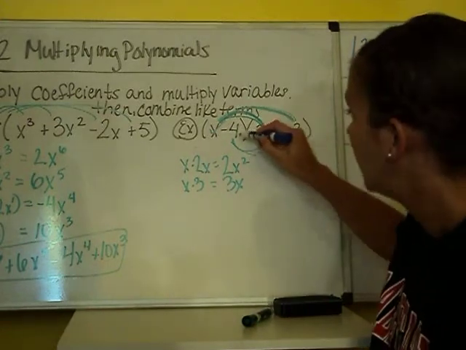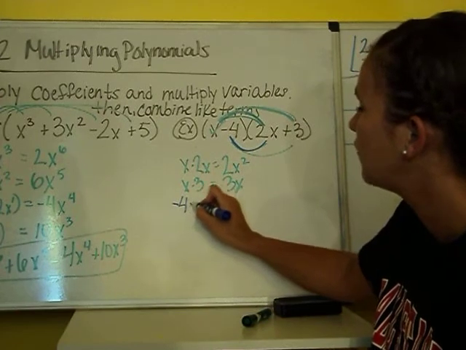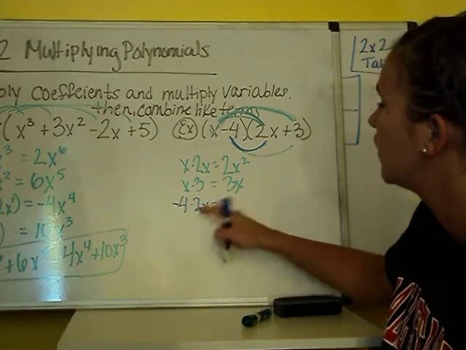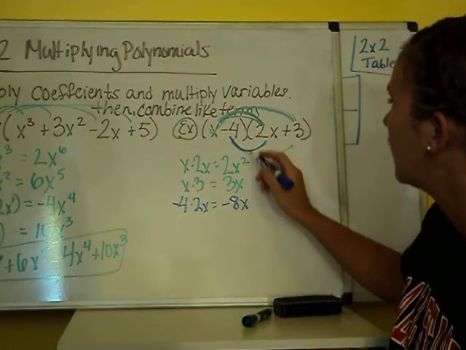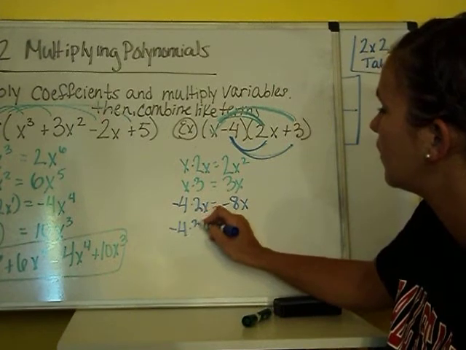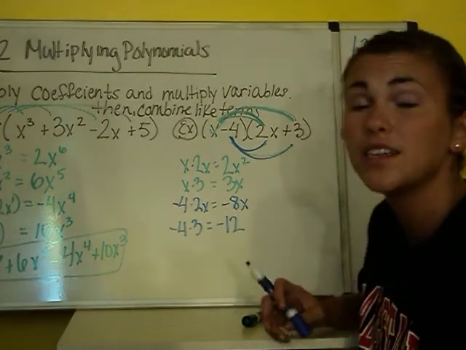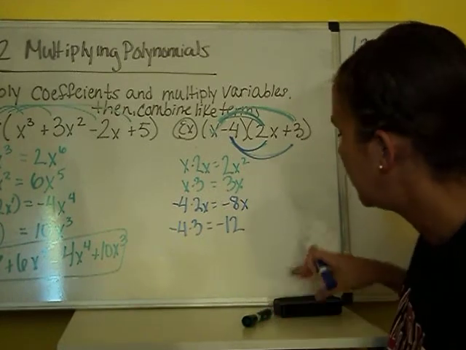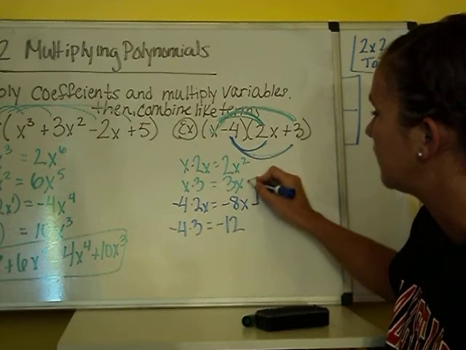Sign matters. We have negative 4 times 2x. Negative 4 times 2 is negative 8x. And then we have negative 4 times 3, which gives us negative 12. In the last problem we didn't have anything to combine. Here we then combine like terms, which are these guys right here.